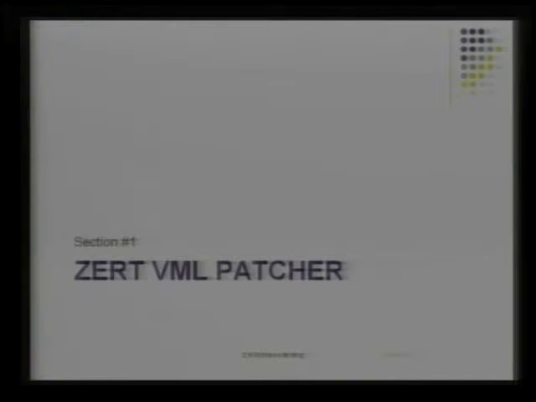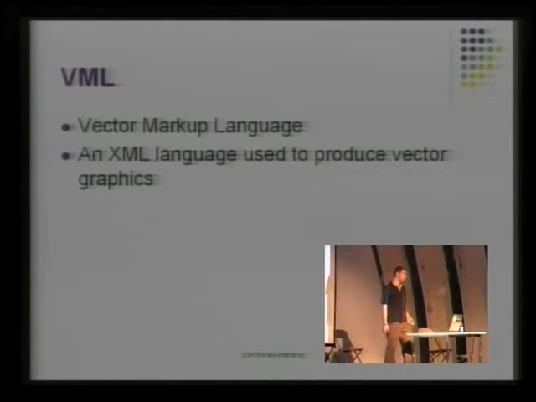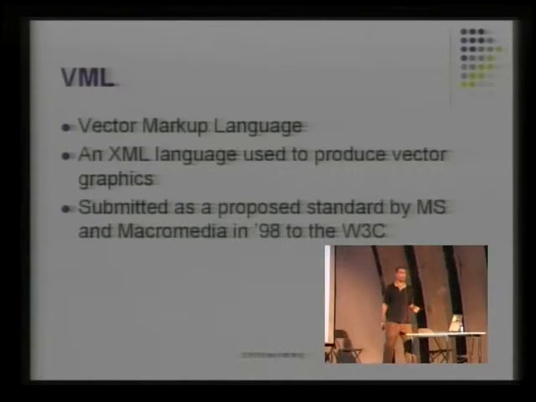Okay, so now I'm going to talk about the VML patching, and I will show some steps that I did in order to find the vulnerable code and how to fix it. So a bit of background about VML. VML is Vector Markup Language. It lets you describe how to draw graphic stuff on the screen.